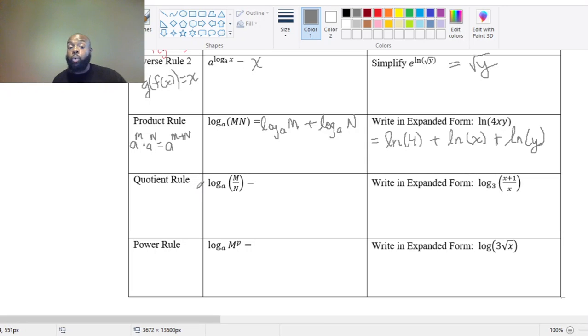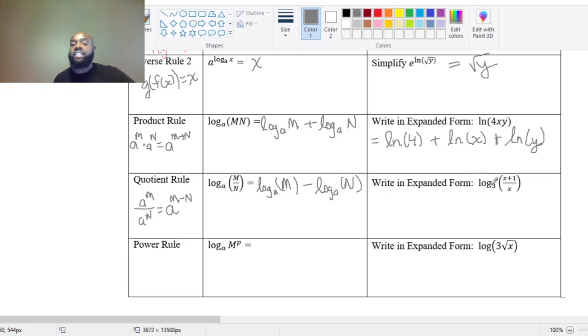We have a similar rule with the quotient rule. Remember when we had two bases that were the same and we divided them, we simplified that by subtracting the exponents. That's our quotient rule for exponents. We have a similar quotient rule for logarithms. I can rewrite this as the log at base A of m minus the log at base A of n.